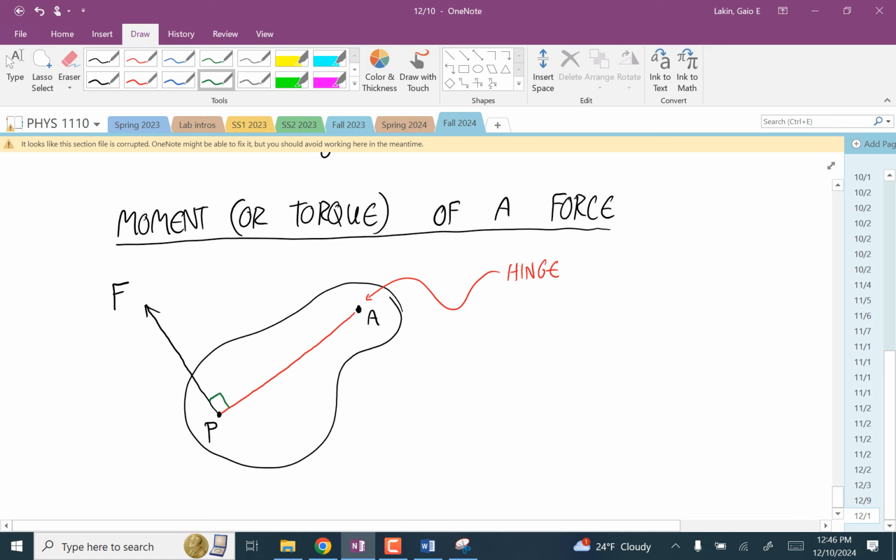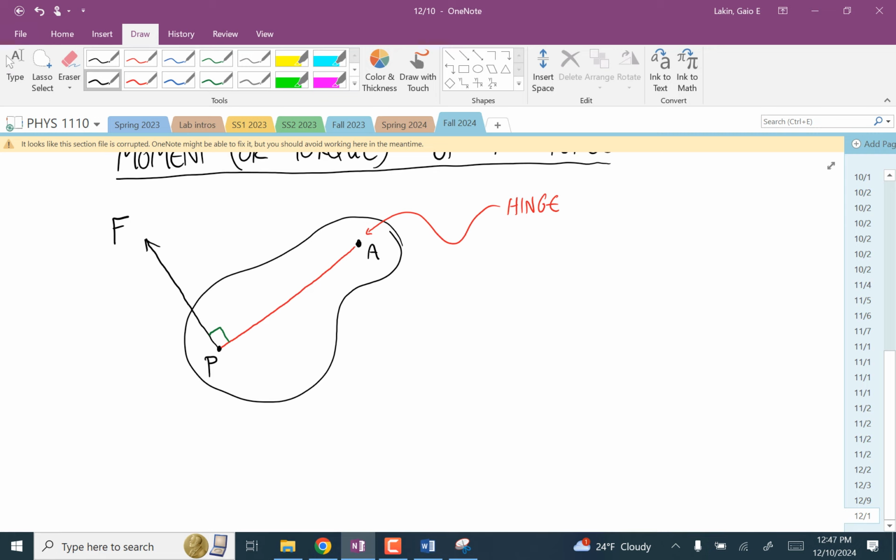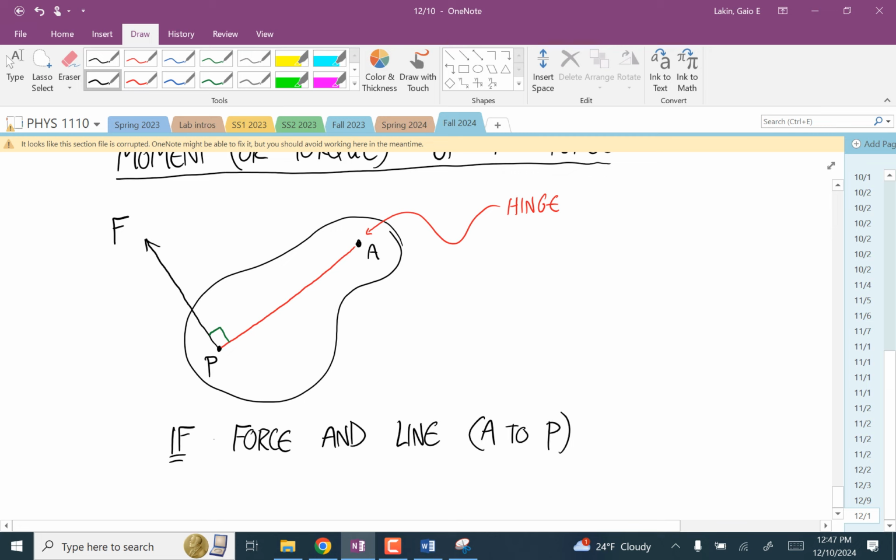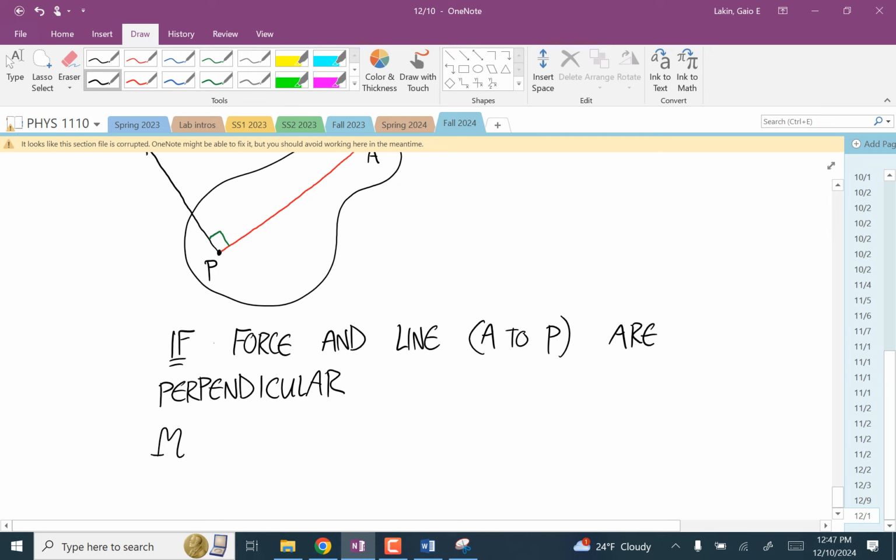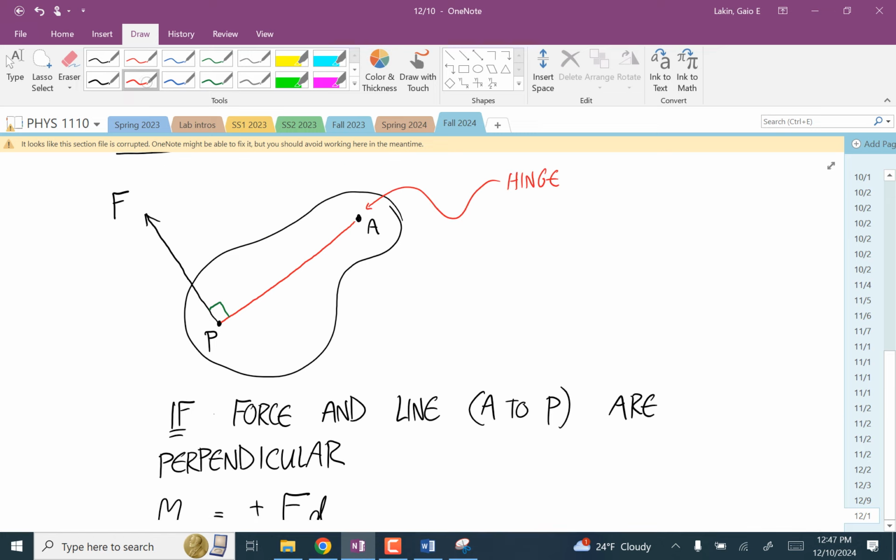But to define the moment, if the force and the line from A to P are perpendicular, then the moment that force produces is equal to plus or minus the magnitude of the force times the length of that red line. This is the distance d.